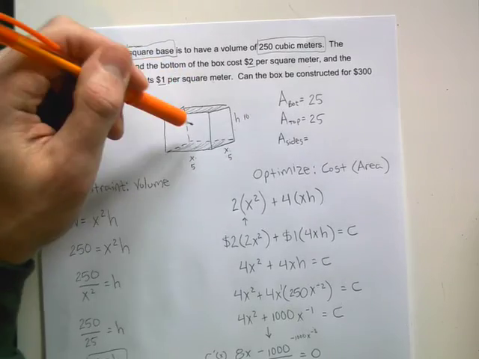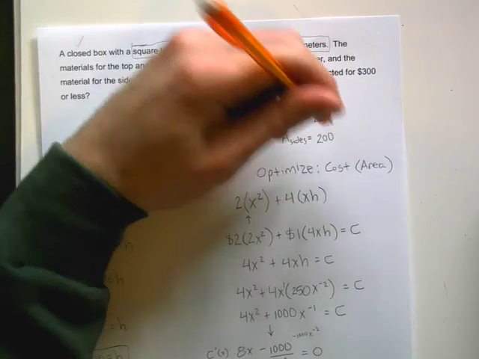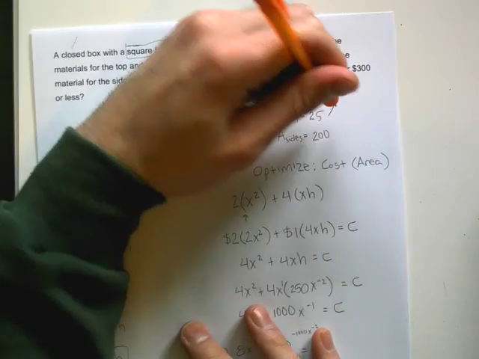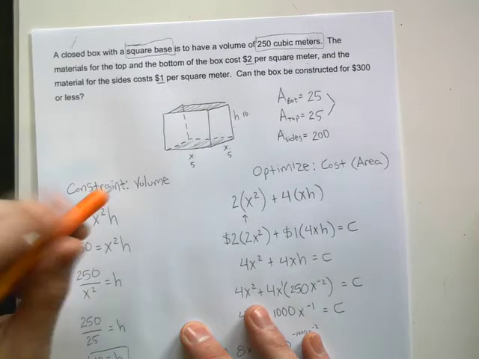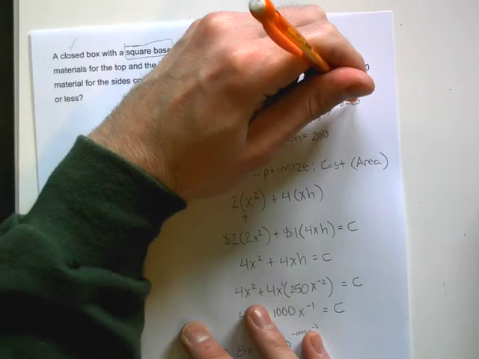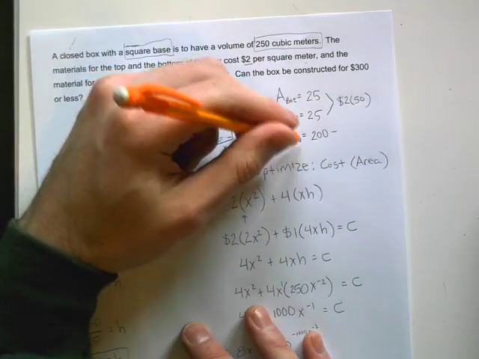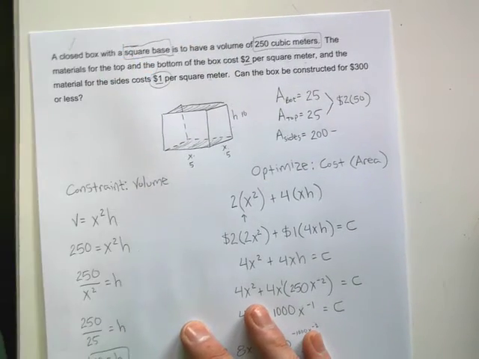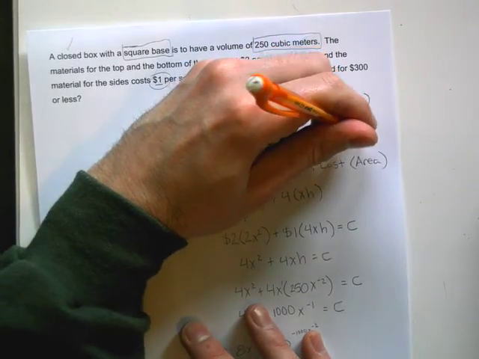But there's 4 sides, so 50 times 4 is 200. Okay? So the top and bottom together, there's 50 square meters of area, and there are $2 per square meter. So this is 2 times 50. And on the sides, I've got 200 square meters, and it's $1 per square meter on the sides. So this is going to be $200.